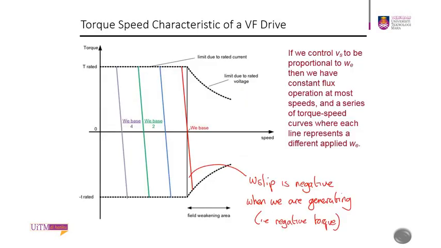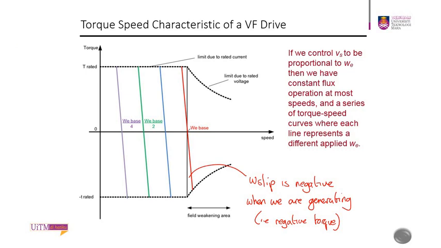And if we control the voltage to be proportional to frequency, then we have constant flux operation at most speeds and a series of torque speed curves where each line represents a different applied frequency. You can see of course the positive and also negative, where negative is where it is generating.